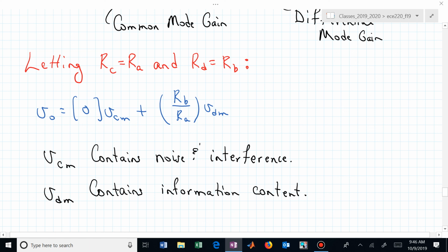Now what they're looking for is what your heart is doing, not what the room environment is doing. They're canceling the room environment noise and interference out, because that's all common in these leads that are connected to you. And what they're preserving is the signal content, the information that your heart might be providing to them.